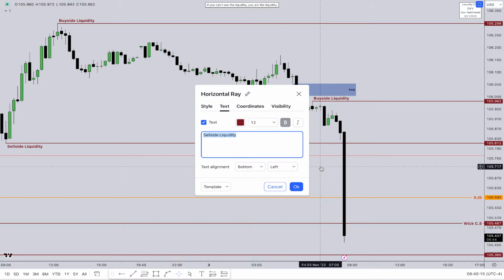You can see how price has traded to the fair value gap before it traded lower.